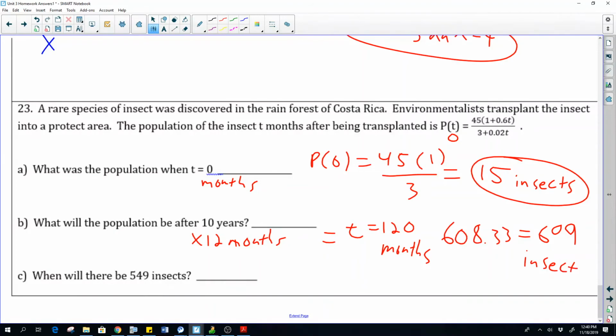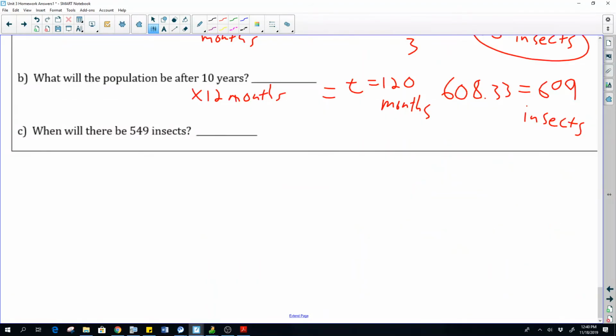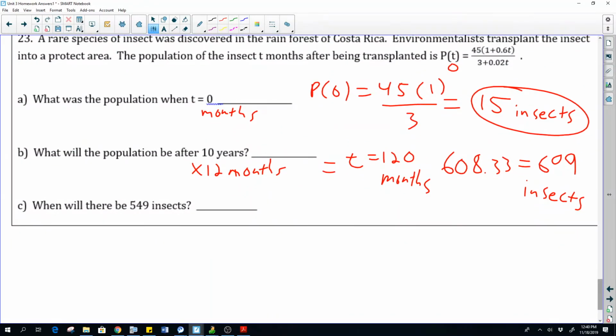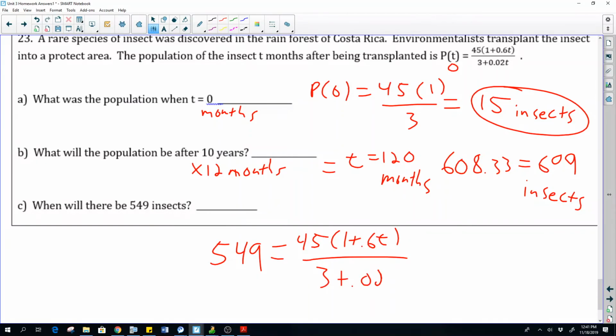Okay, last but not least, when will there be exactly 549 insects? I'm going to do the setup, and then you do the solving part, and we'll flash you the answer. So 549 is equal to 45 times 1 plus 0.6t, all divided by 3 plus 0.02t.